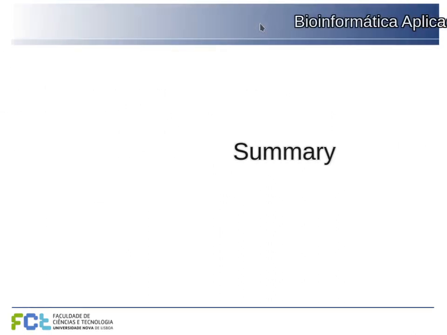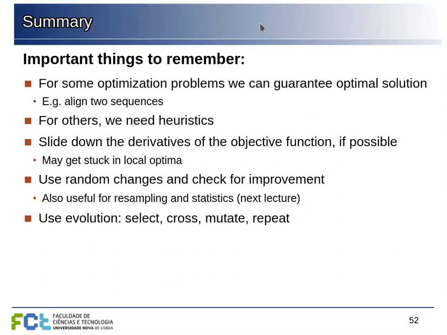So to sum up, we saw previously that there are optimization problems where we can guarantee an optimal solution, for example, aligning two sequences, but then there are more demanding problems that require taking shortcuts, heuristics. And now here we saw three different approaches. Sliding down the derivatives to try to reach the optimum as fast as possible.